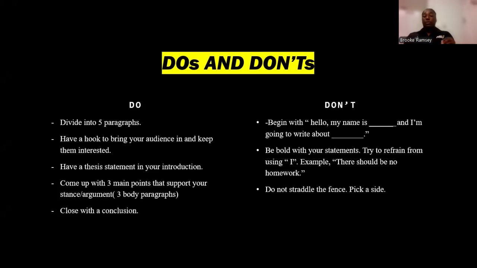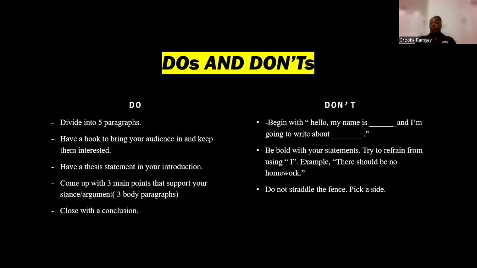No, you need to be able to be bold with what you're saying so that people believe what you're saying. That's the whole point of persuasive writing, to get people to side with your stance or your argument of your topic. So again, we're going to refrain from using I and we're going to stick to there should be no homework or this should happen, not I feel.